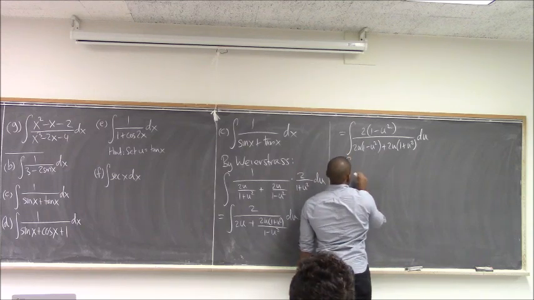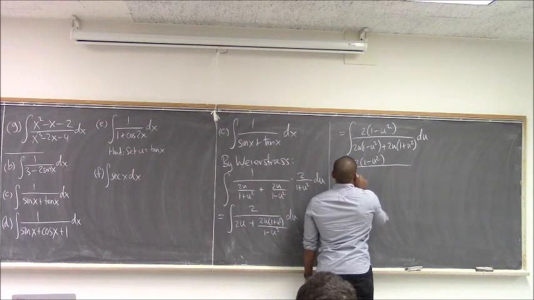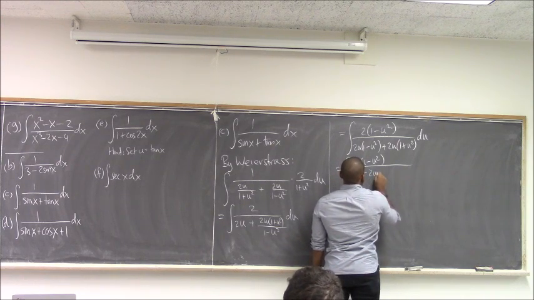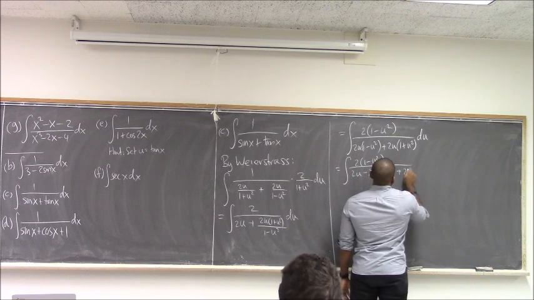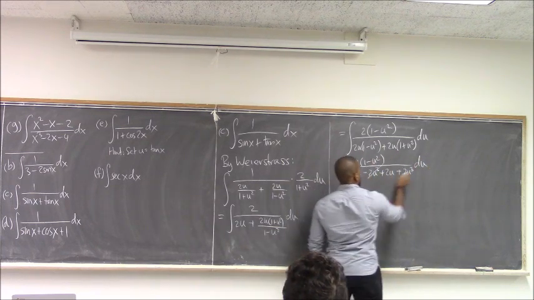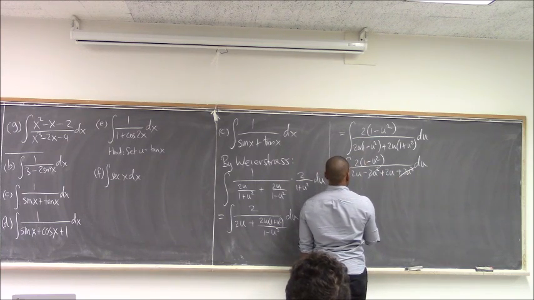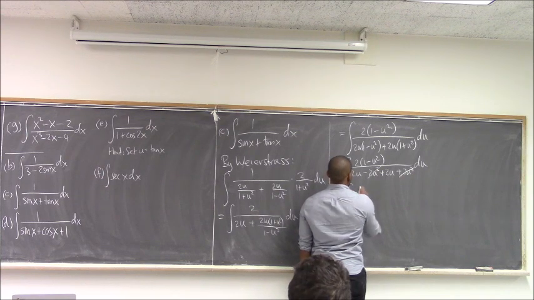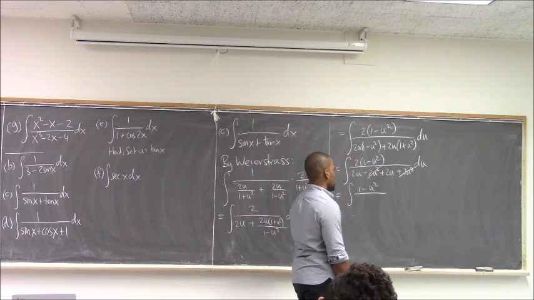And let's clean up the denominator a little bit. 2u minus 2u cubed plus 2u plus 2u cubed. So this cancels that. And so now I end up with 1 minus u squared over, that's 4u.